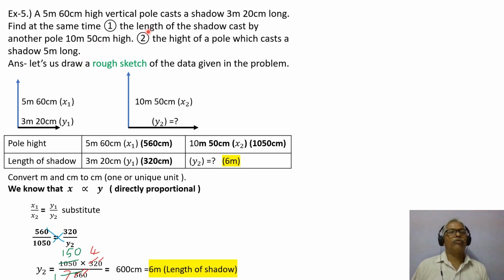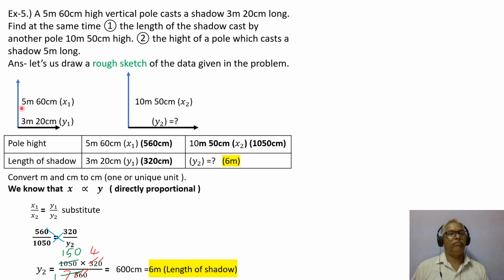First we'll see the first one and try to solve it. So, answer: let us draw a rough sketch of the data given in the problem. We read it again. A 5-meter 60-centimeter high vertical pole. So we have drawn a pole here and named it 5 meters 60 centimeters. We have given the dimensions and we have considered for this pole x1, and for this pole x2.